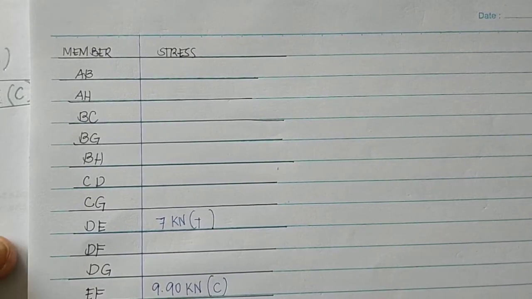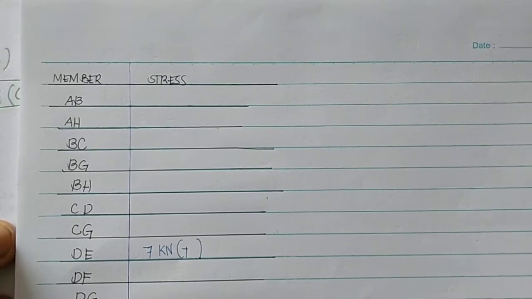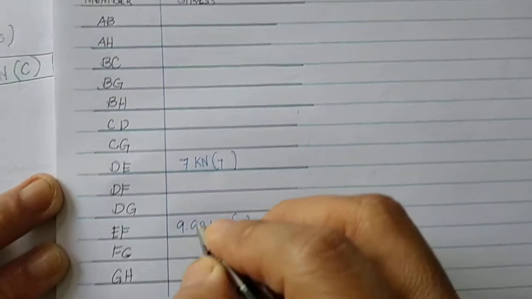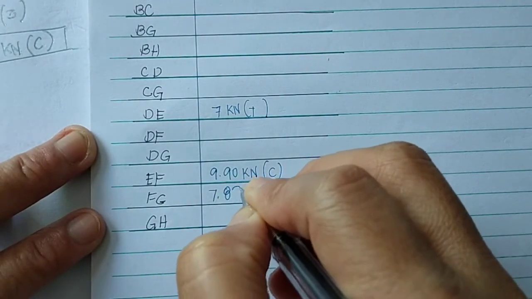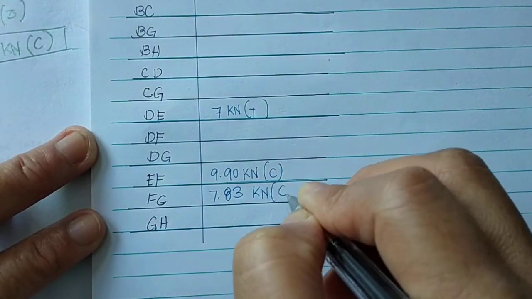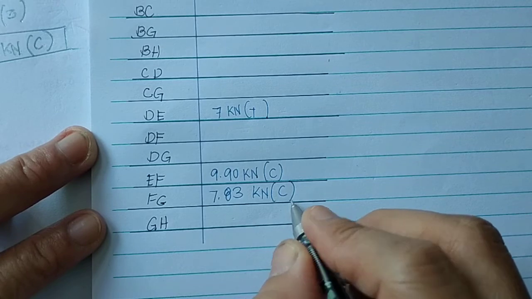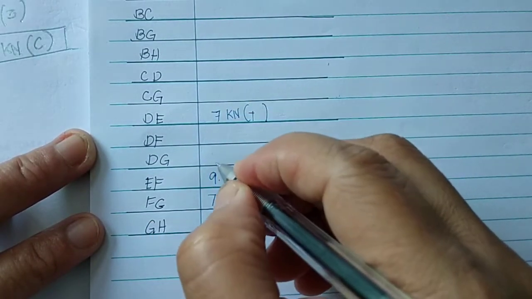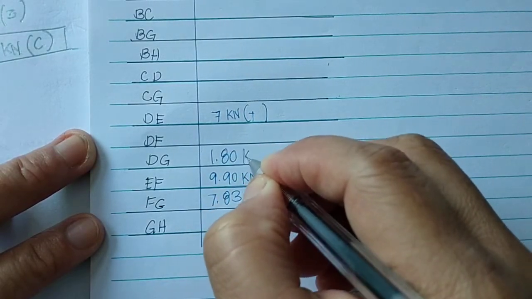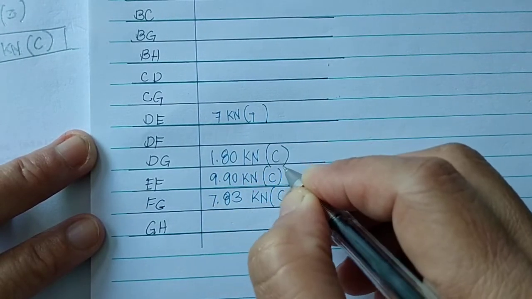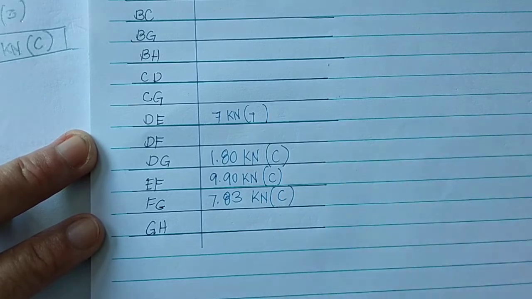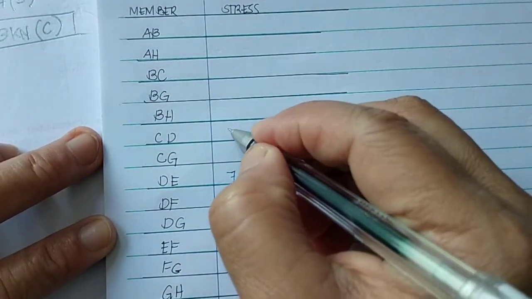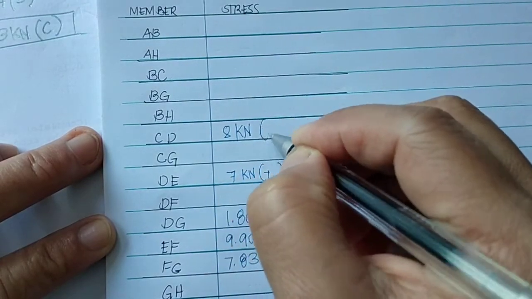From the computation, I get the value of FG as 7.83 kilonewton compression, the value of DG is 1.80 kilonewton compression, and CD is 8 kilonewton tension.